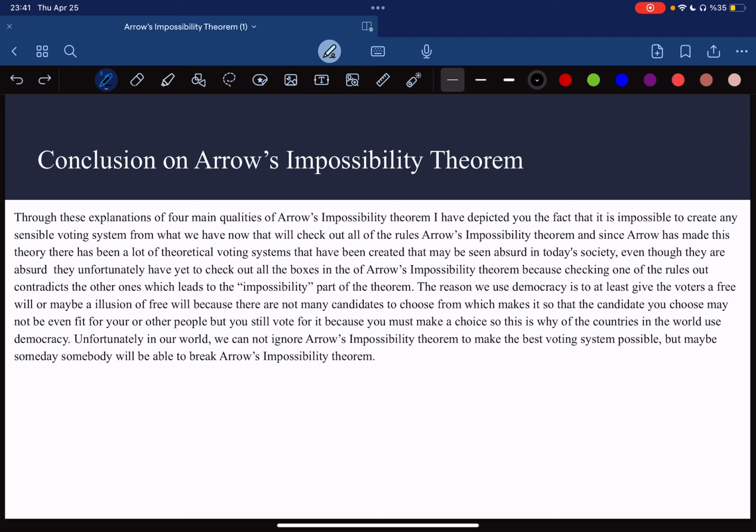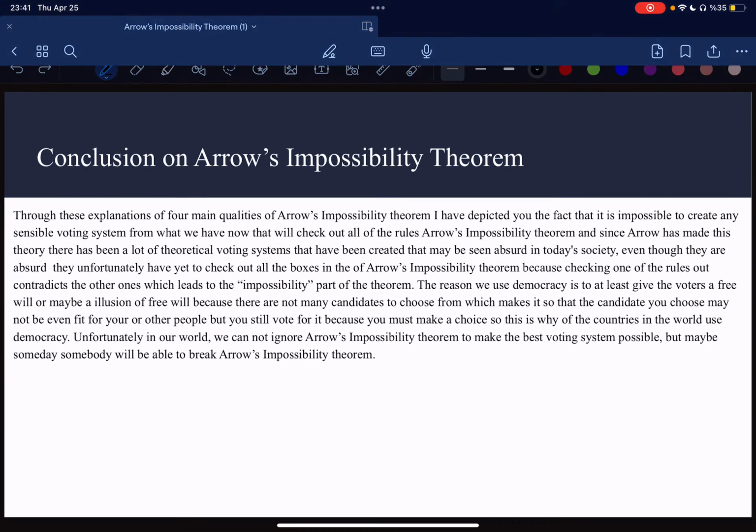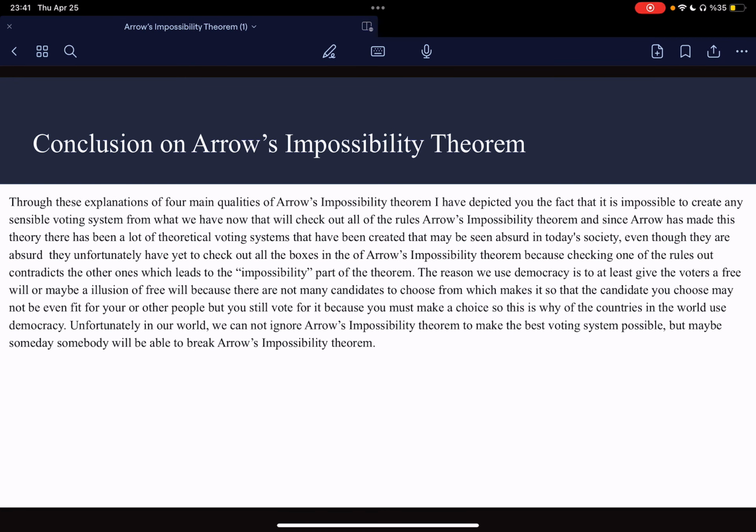Conclusion on Arrow's impossibility theorem. Through these explanations of the four main qualities of Arrow's impossibility theorem, I have shown you that it is impossible to create any sensible voting system from what we have now that will satisfy all of the rules of Arrow's impossibility theorem.